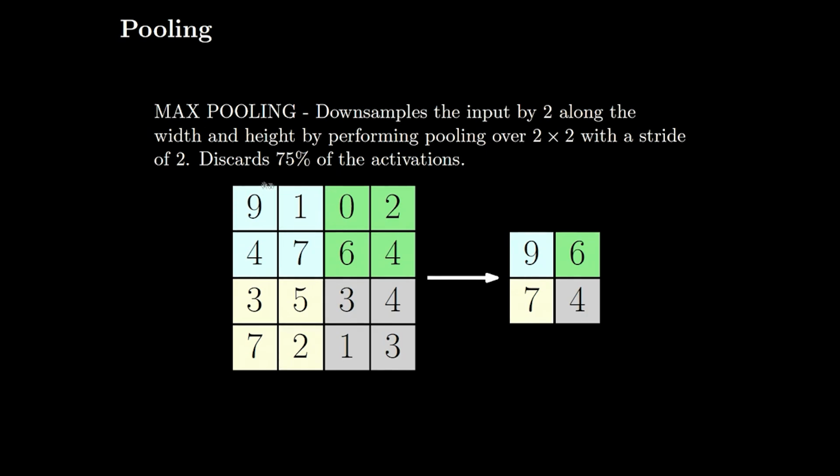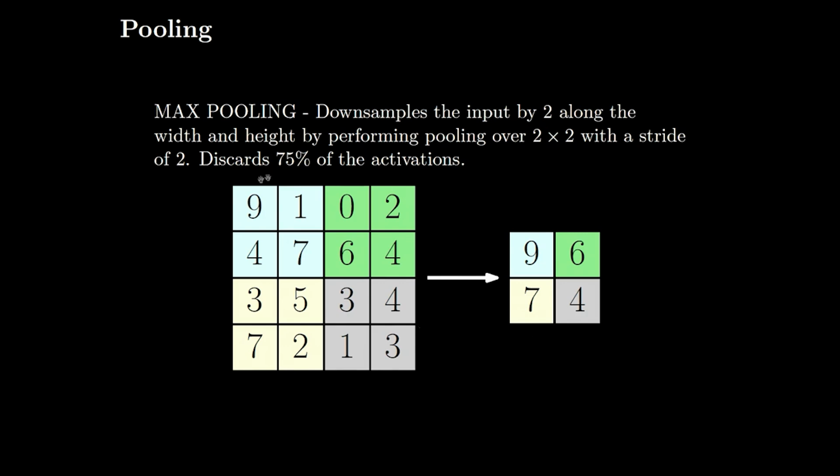That is, given the activation map, we take a 2 by 2 grid, identify the maximum value and keep only the maximum value. We discard the remaining values present at that location. Similarly, we move to the next location and see that the maximum value here is 6. The next location, 7, and the next location, 4.